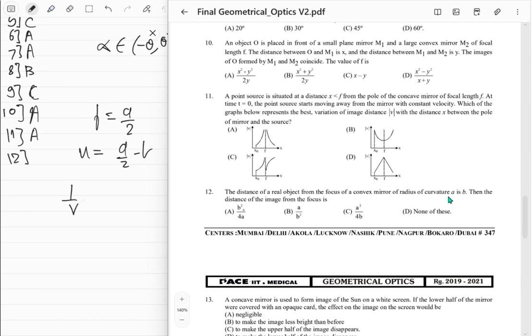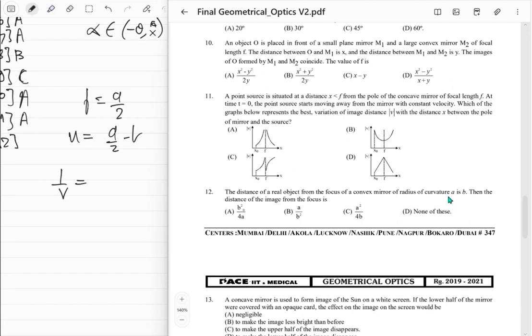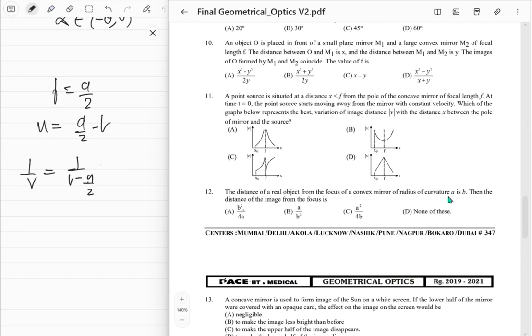So 1 upon V is equal to negative 1 upon U, which is the negative of this thing. It's supposed to be a real object, does it even matter? Okay, just 1 upon B minus A upon 2, so negative 1 upon U, and then plus 1 upon F, which is just 1 upon this.